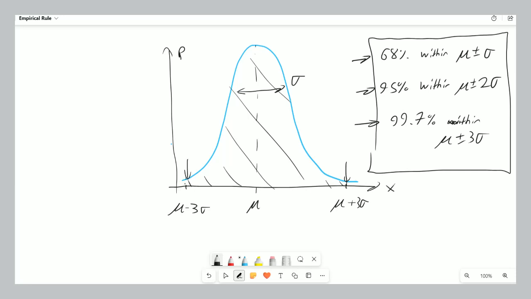Now these are rounded values. The exact values extend into more decimal places, but these are the approximate values that are easy to remember.